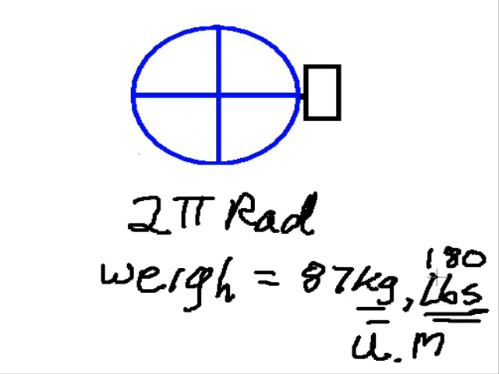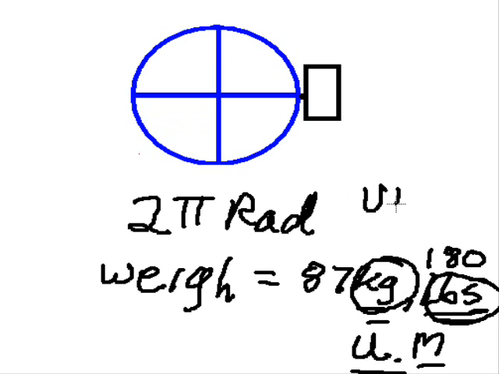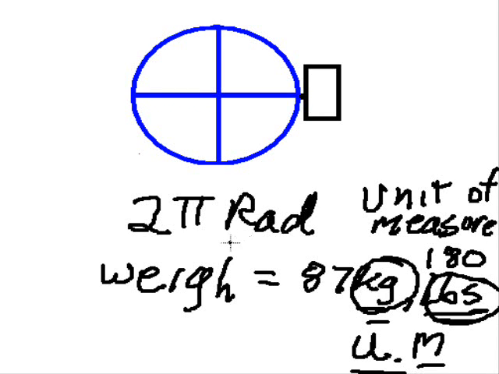I say 180 pounds. Pounds would be the unit of measure. So pounds is a unit of measure, and kilograms is a unit of measure. So too is a rad.